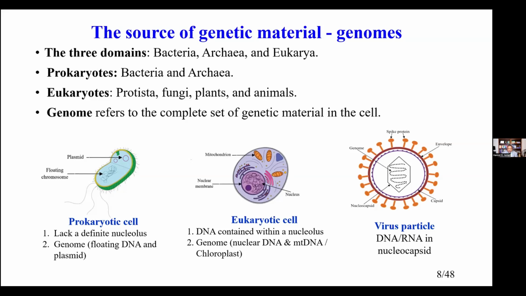When it invades the cell, it may be integrated into the genome of the host, and after that it will express its genes and produce proteins and so on. So these three different entities, prokaryote cells, eukaryote cells, and virus particles, are the primary sources of our bioinformatic data, which are sequences and so on.